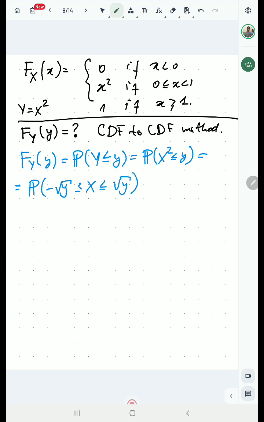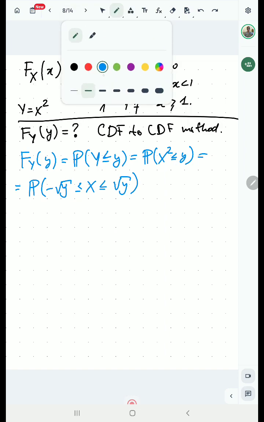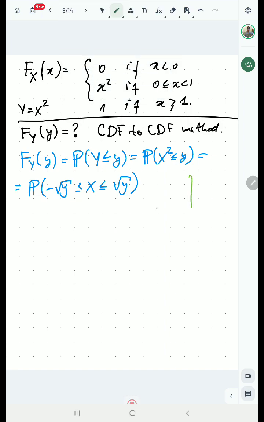The reason for that is this. Suppose you have a function. This is x, and here you have x squared, right? Let me use another color. So you have x here, x squared on the y-axis.